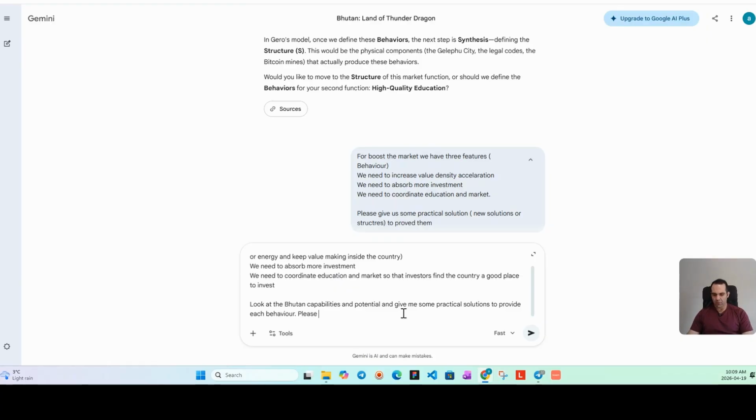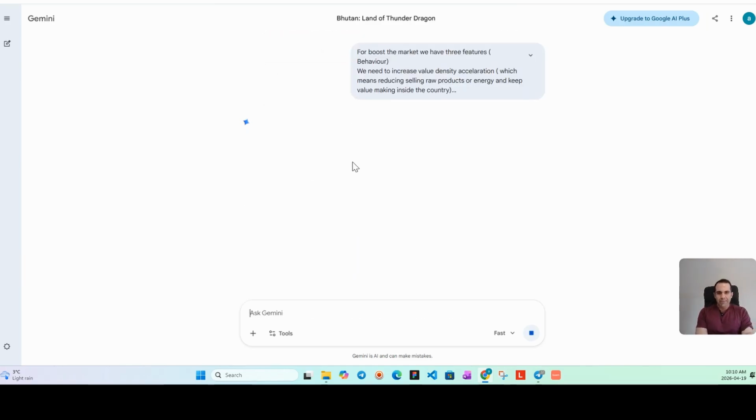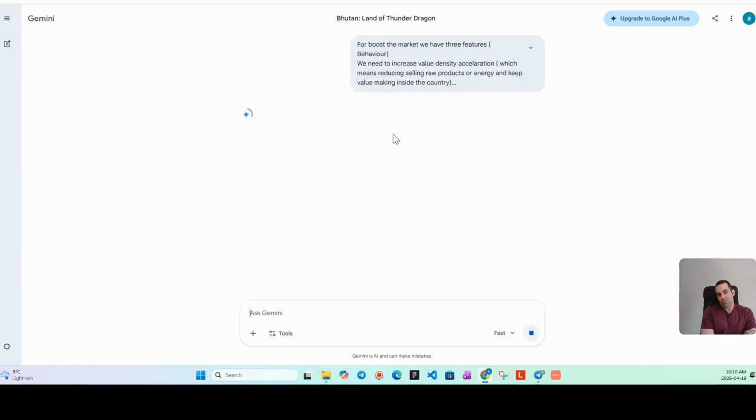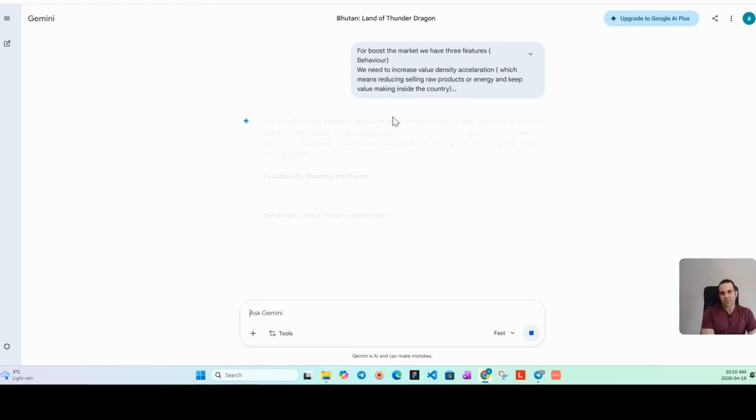Please follow FPS and give me the solutions, the structures. Okay, let's see what happens. We need to change the prompt if it doesn't work.